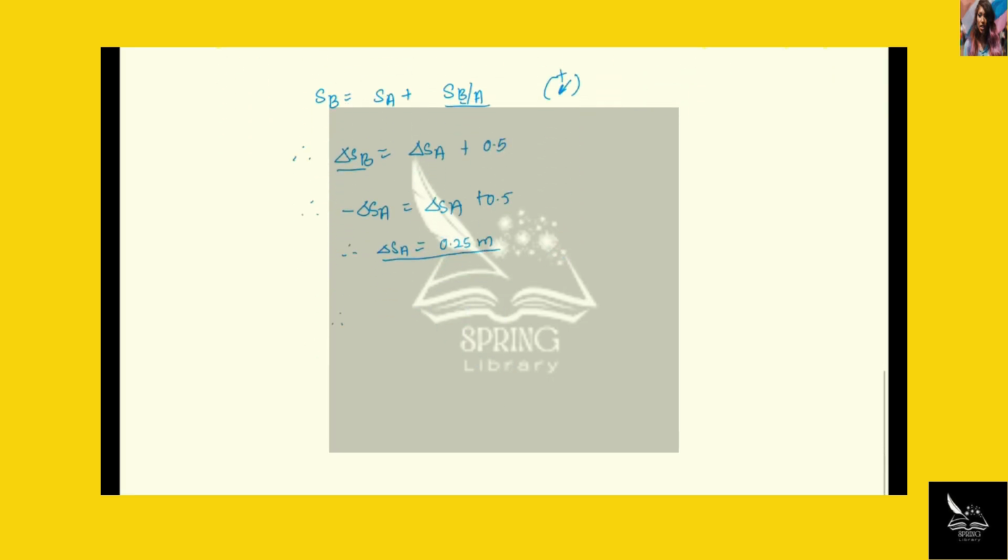So we can now apply Newton's kinematics. SA equals UT plus half AT square, and we are solving for body A. Here it is positive because 0.5 meters is moved in the direction opposite of our assumed direction, right? Downward was positive, but it's moved 0.5 meter upward.